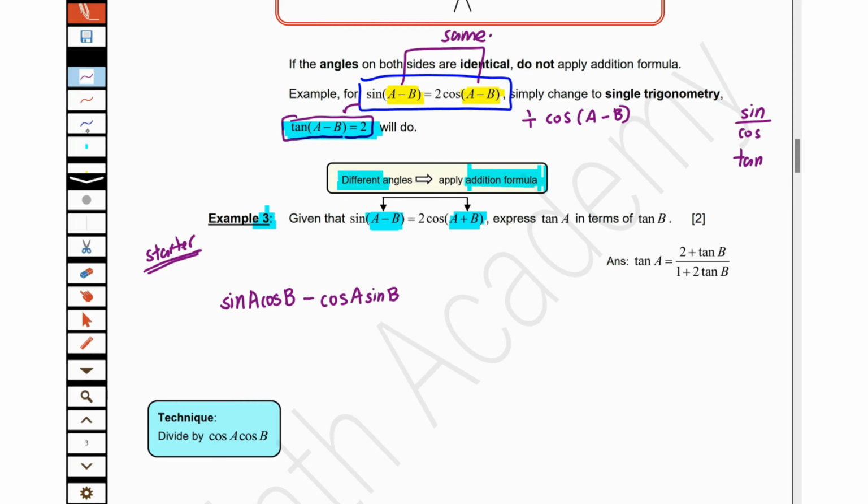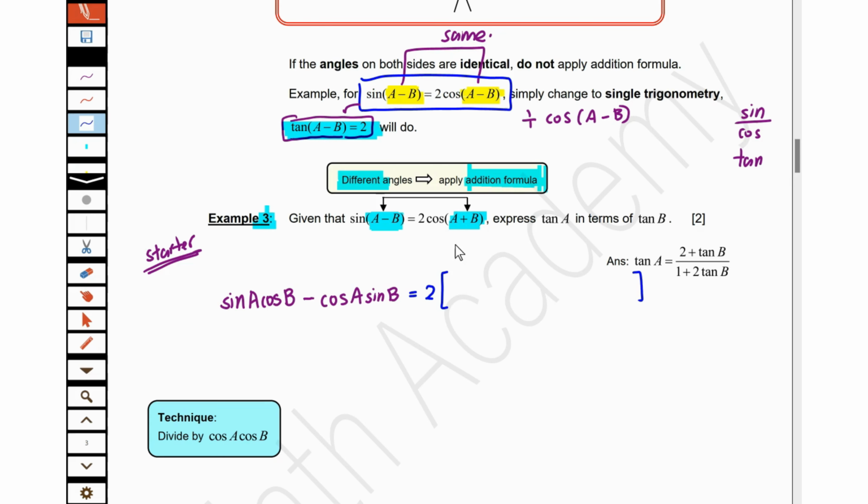Okay, on the other side, there's a 2, right? Now careful here. Whenever there's a number in front, some students will forget that there should be a bracket. The bracket is always safer. Again, in trigo, this is a binomial. So A plus B, you have 2 terms here. This format resembles the addition formula. Let's apply it.